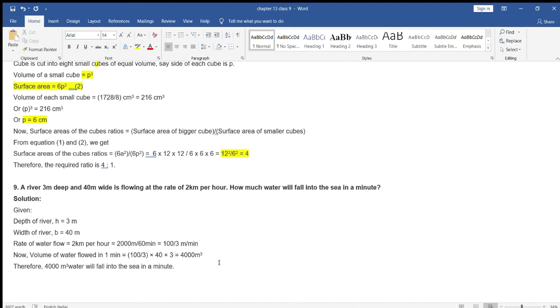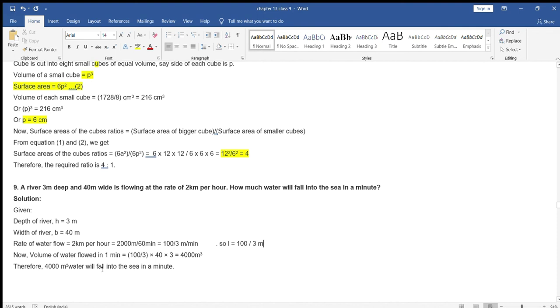Per minute, if any confusion is there, you can write L is equal to 100 upon 3 meter. By putting the values, we can find the volume of the water that falls into the sea in a minute.